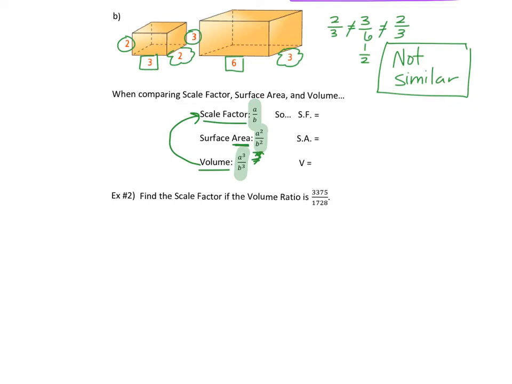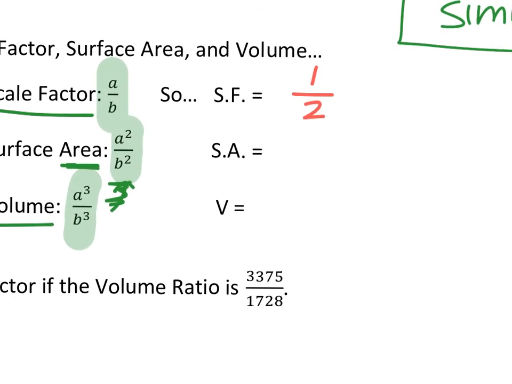Okay, so let's just try it with some numbers so that you know what I'm talking about here. Let's say we have a scale factor of 1 to 2. Okay, that means that our surface area ratio is 1 squared to 2 squared, and it means our volume ratio is 1 cubed to 2 cubed.